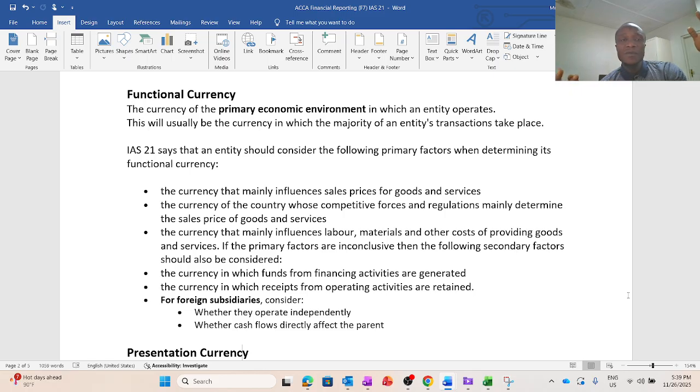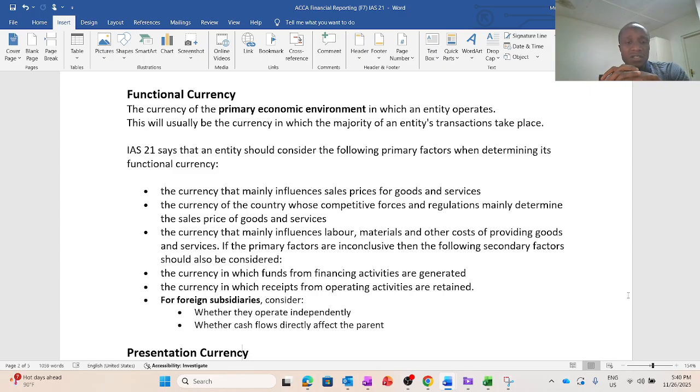If we mostly secure our loans in dollar or in pound, and that is the frequent source of our financing funds, then we can consider that currency to be our functional currency. Also, the currency in which receipts from operating activities are retained can be an indicator for identifying our functional currency.